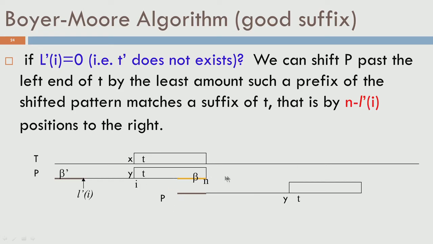By this shift, the pattern moves further to the right, and the portion of P which matches with a suffix of t is what will match after the shift. This is the good suffix rule.